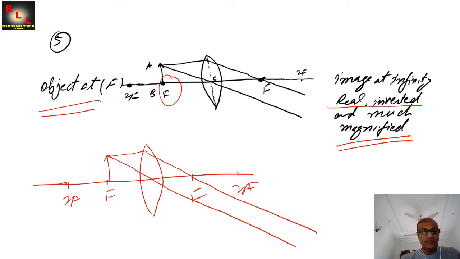So if we put something at the focal point of a lens, on the other side, what do we get? The image at infinity, real, inverted, and much magnified. So these were a few cases we discussed, related to the convex lens.